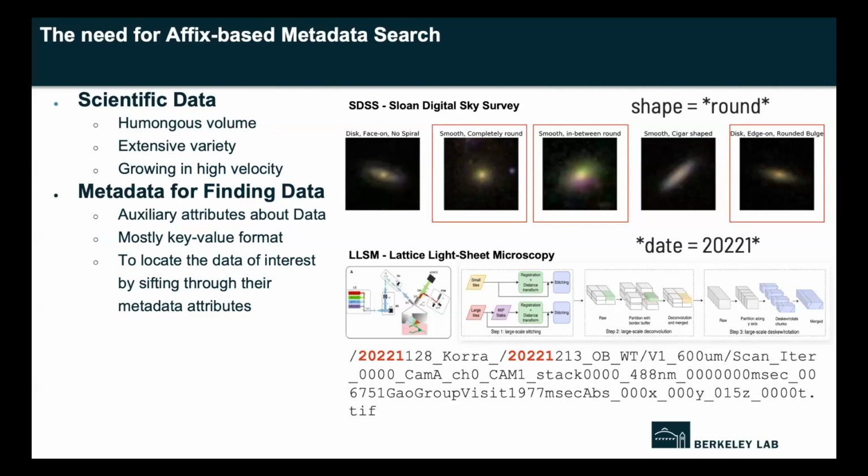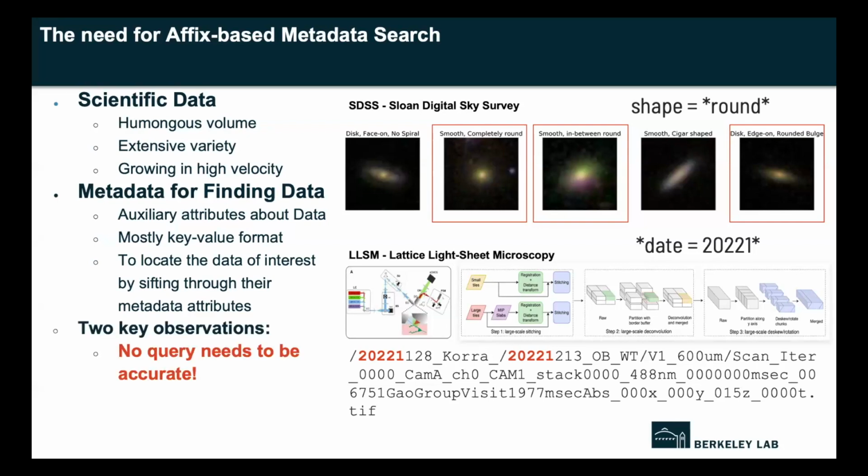A common practice for enhancing the findability and reusability of scientific data is to attach auxiliary attributes on the data. Most of these auxiliary attributes are in the form of key value format, and usually scientists need to locate the data of interest by sifting through these metadata attributes.